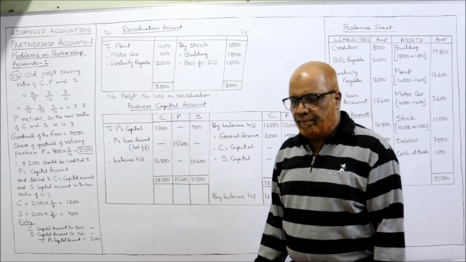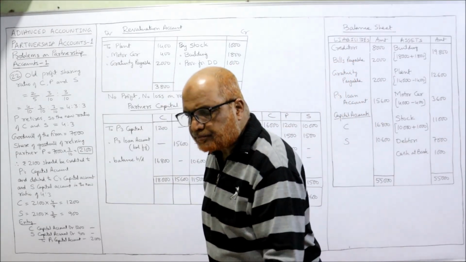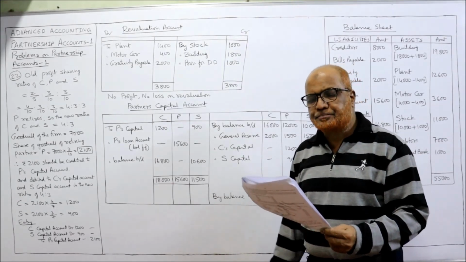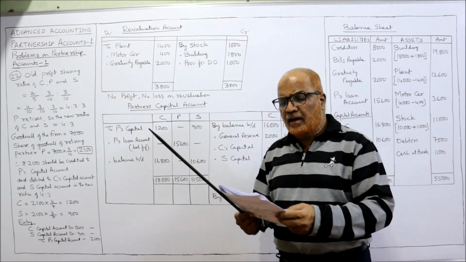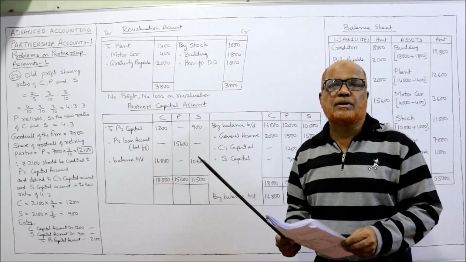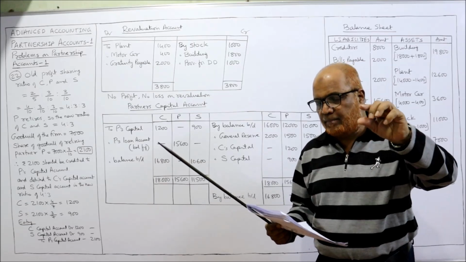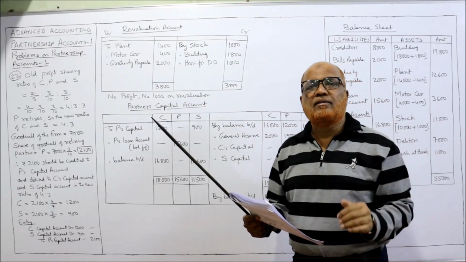Now we'll make the revaluation account. P retires. The goodwill of the firm we have already dealt with. Stock and building are to be appreciated by 10%. Appreciation means we have to debit stock account and building account and credit revaluation.